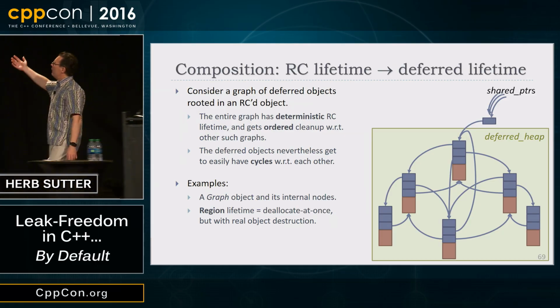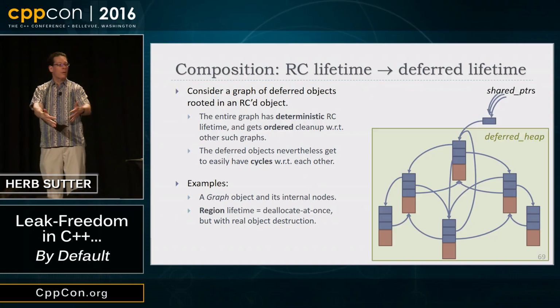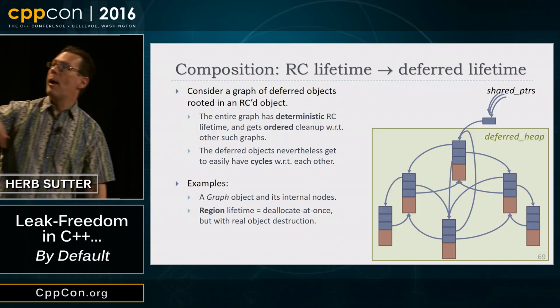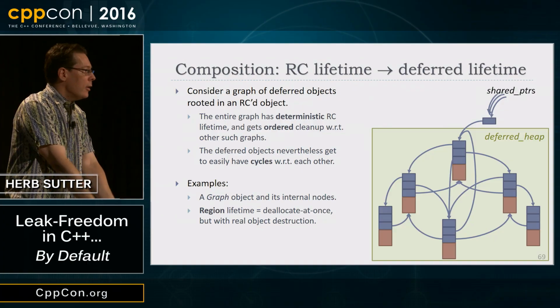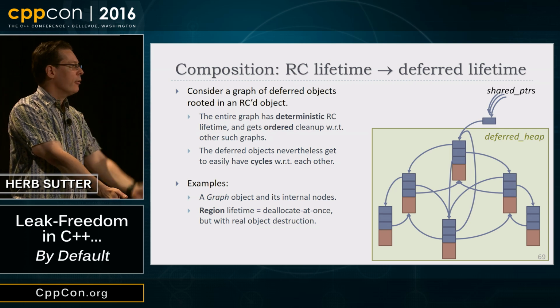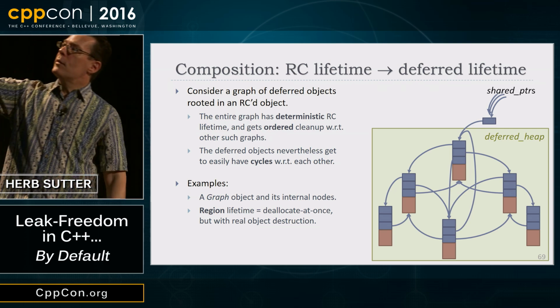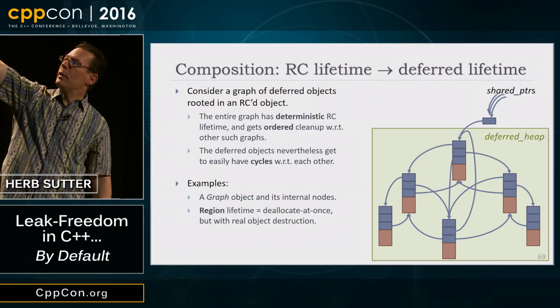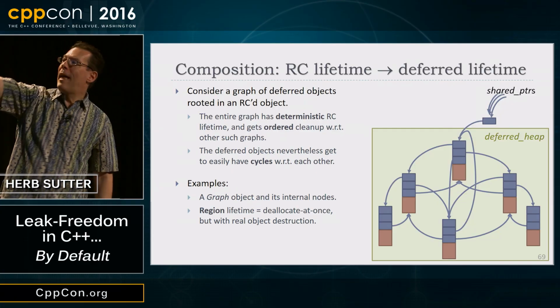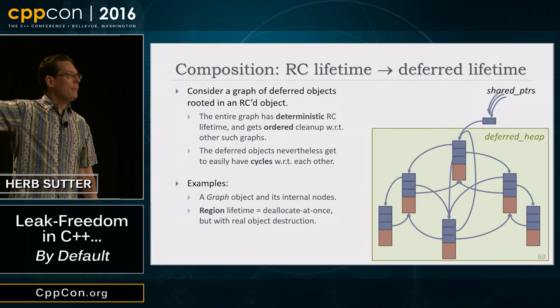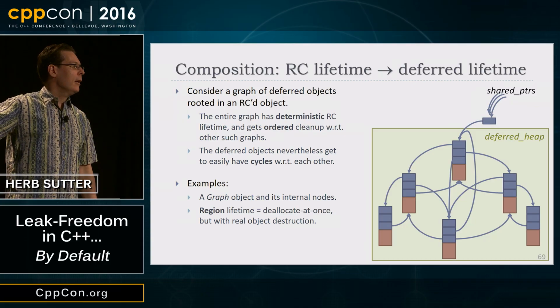So if I have an object that is owned by shared pointers, so it has deterministic lifetime at the top, and it happens to point into a deferred heap and have deferred pointers into the heap, that works fine. That means that that graph is rooted in a reference counted object. That means the entire deferred heap contents is reference counted.